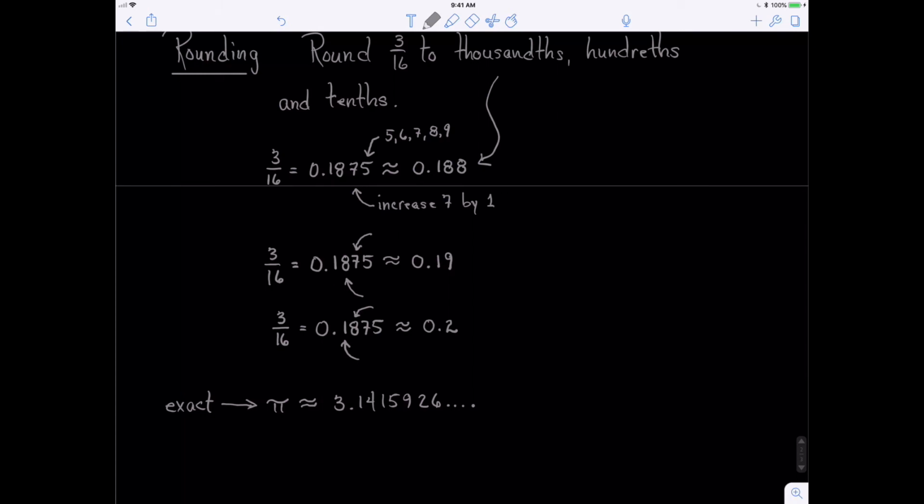So let's round pi to the nearest hundredth. This is the most common approximation. So we're going to round pi to the hundredths.